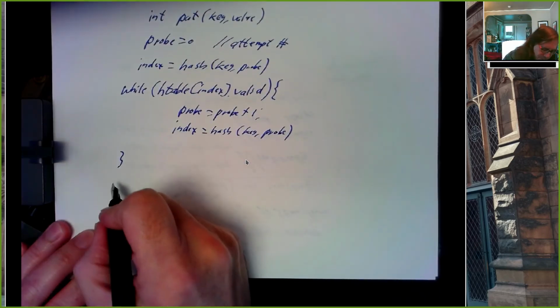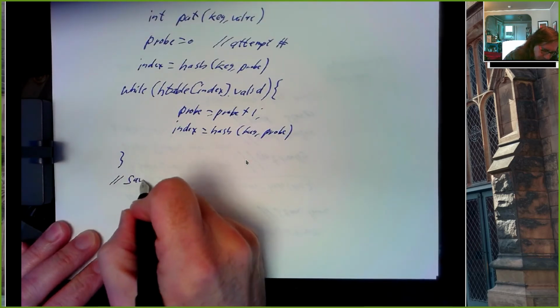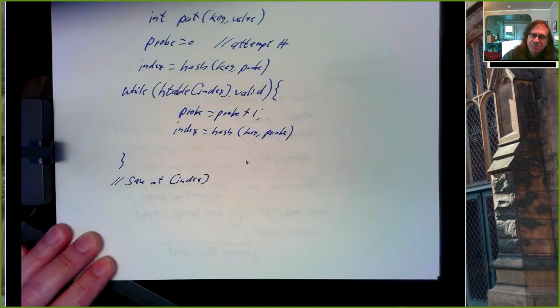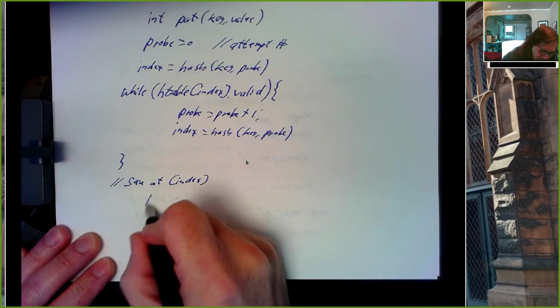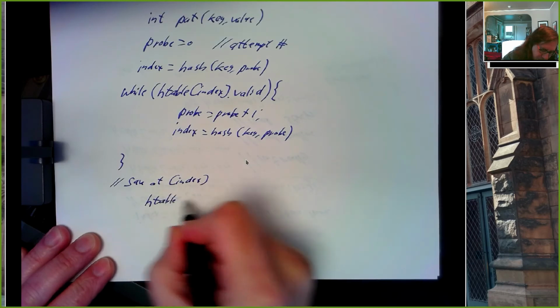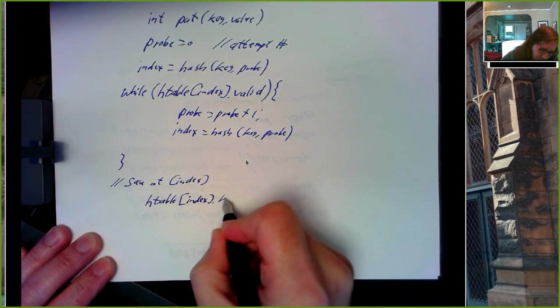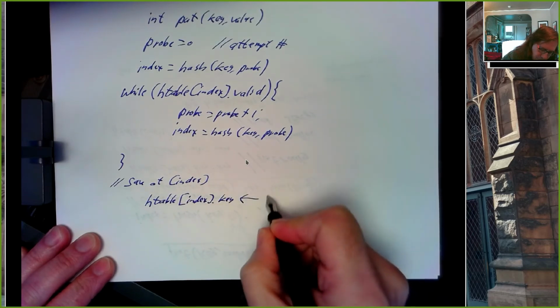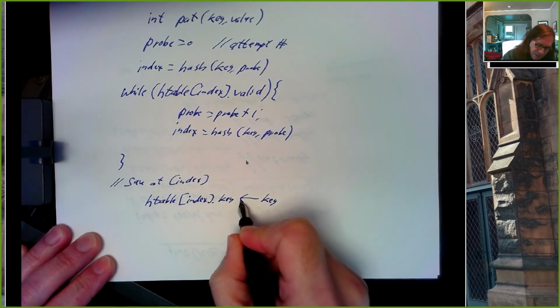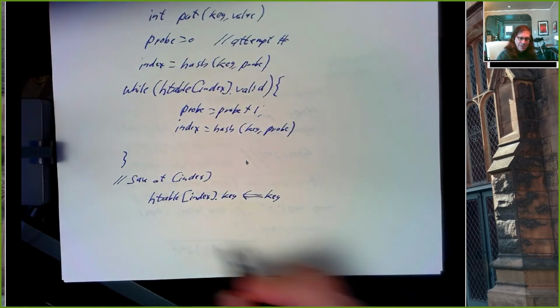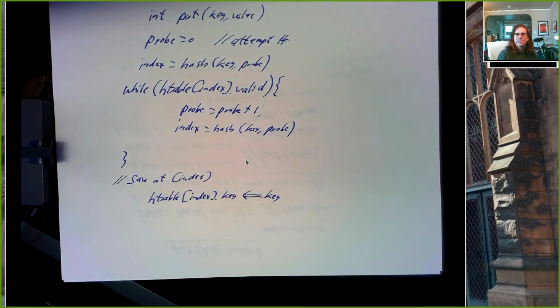And now when we come out of that, we've got the index that we want to use to store. We know the valid bit is set to 0, so go ahead and just do your copies. And I'm going to do a symbol like this to say, do what you have to do to copy your key into the key piece of that H entry.